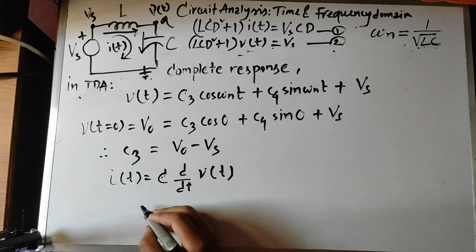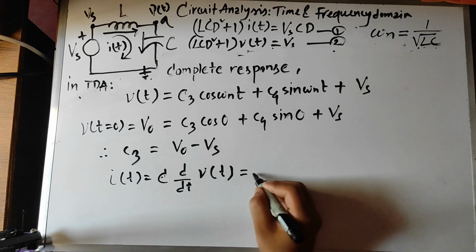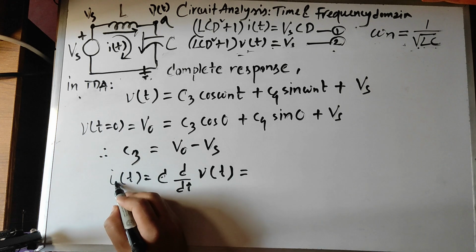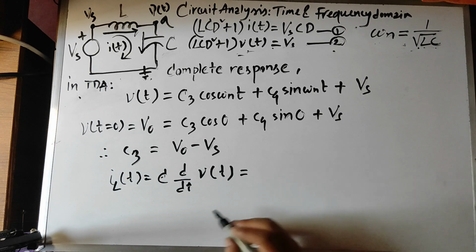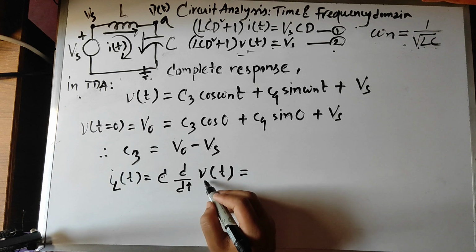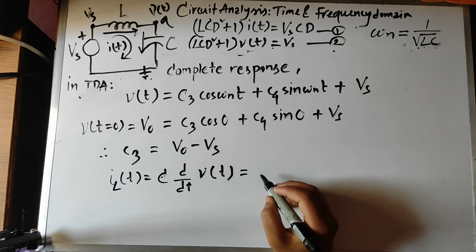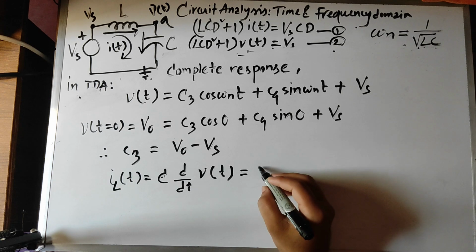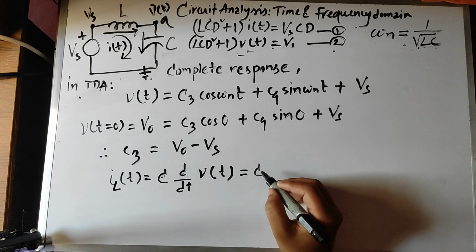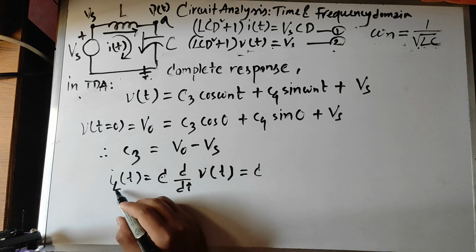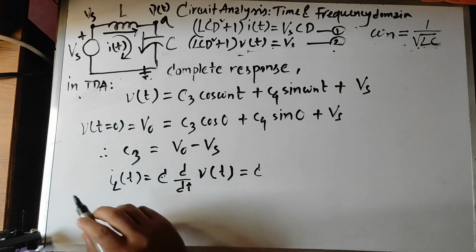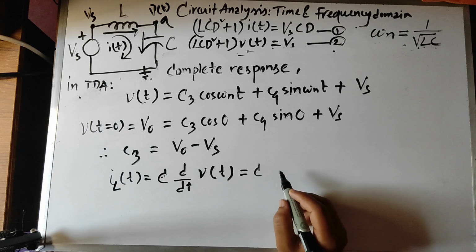So we're gonna use this fact, say current IL, and this is the voltage, so voltage response. This is not only the current through the inductor, this current is also going through the capacitor, so this is the loop current.